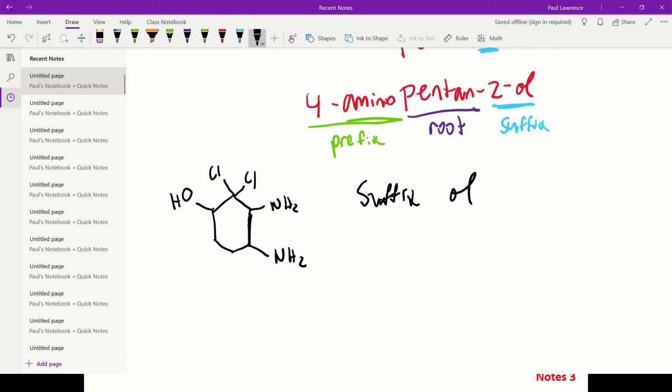And then I look for the root. And the root has to have the alcohol attached to it. And I see that we have a cyclohexane ring.